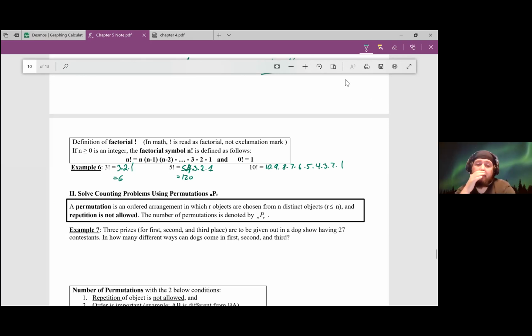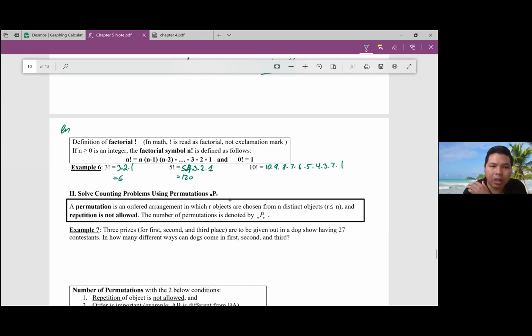Is there a formula for figuring out the factorial besides the calculator? Besides the long way of writing it out, no, that's the way. If you want to do it by hand, you're going to do 10 times 9 times 8 times 7. That's why when you have a big number, it's better to use a calculator. Wilson asks: can you repeat the steps on how to do the factorial on the calculator again?